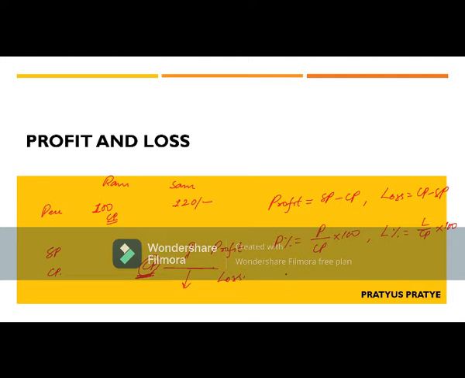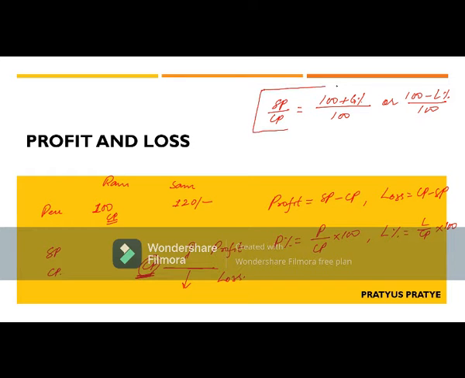We can write this in a different way also, that is selling price by cost price equals 100 plus gain percentage divided by 100. Or if we have a loss, we can write it as 100 minus loss percentage divided by 100. Now, what is the use of this?